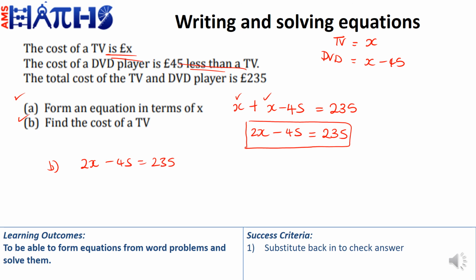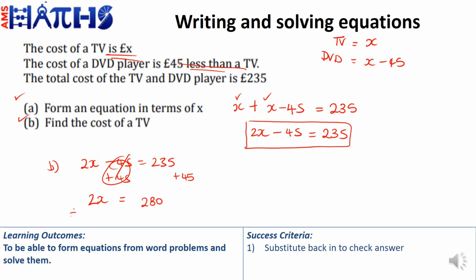So keep our 2x first. We'll add 45 to both sides. Minus 45 plus 45 is 0, so we're left with 2x on the left, and 235 plus 45 is 280.